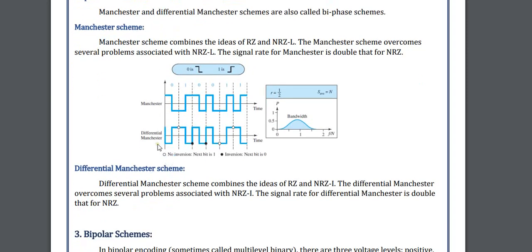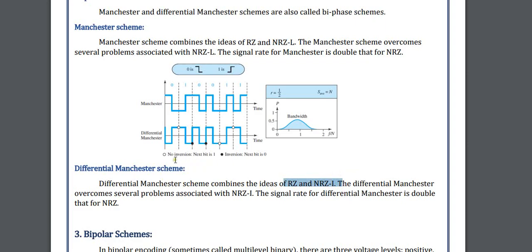Now differential Manchester scheme. In this diagram we can see that the differential Manchester scheme combines the idea of return to 0 and non-return to 0 inversion, which is denoted as I. So we can easily say that Manchester scheme is a combination of RZ and NRZ-L, and the differential Manchester scheme is a combination of RZ and NRZ-I.